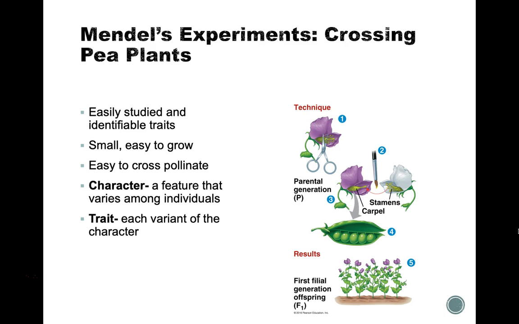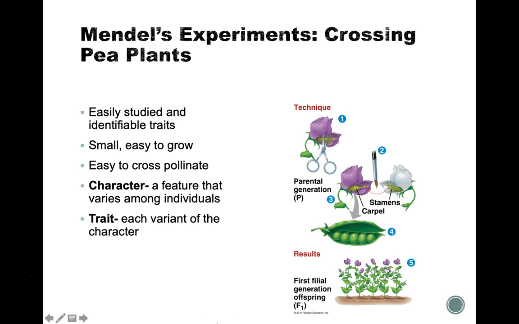Here we have the purple flower crossed with the white flower. We produce the peas in the pod. Those are the offspring that are going to grow into the plant. In this case, we have 5 peas, so we have 5 individuals from this particular cross.